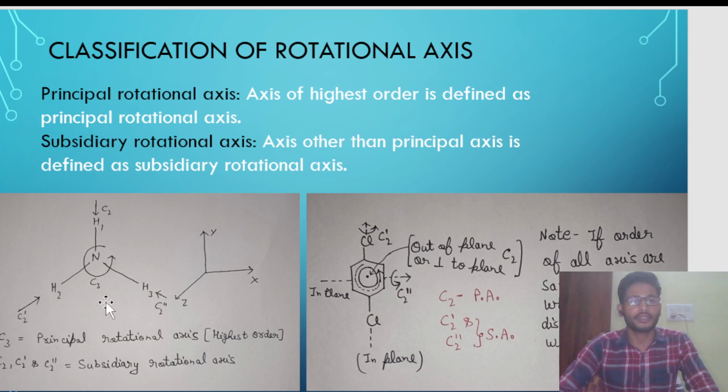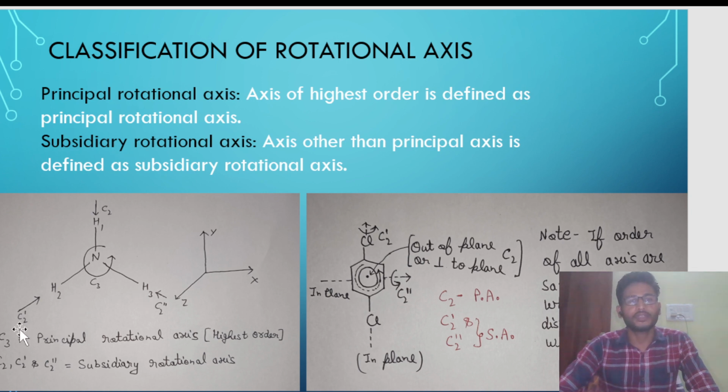If we take this C2 passing through the H1 atom, it interchanges the other H atoms, means H2 and H3.